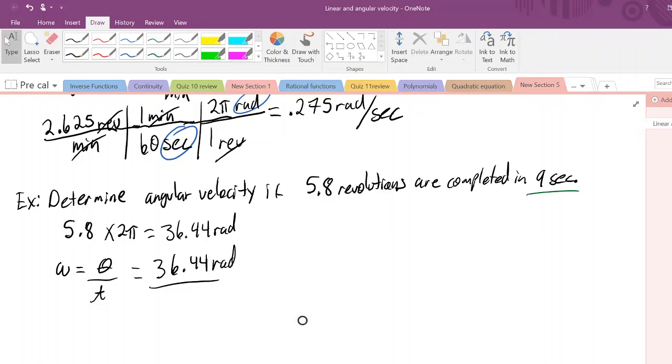So divided by 9 seconds. 36.44 divided by 9 is going to be about 4.05 radians per second. So this is pretty easy.